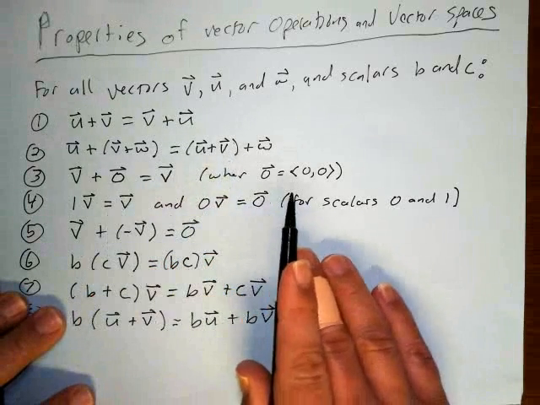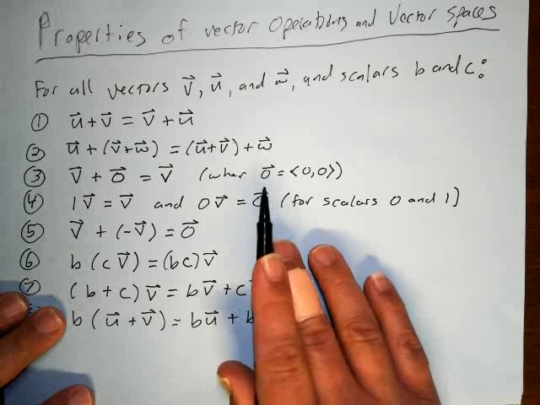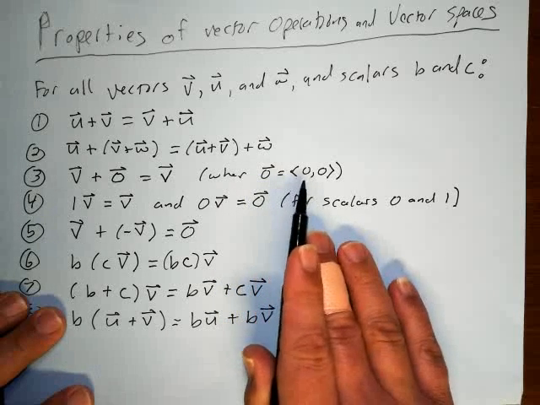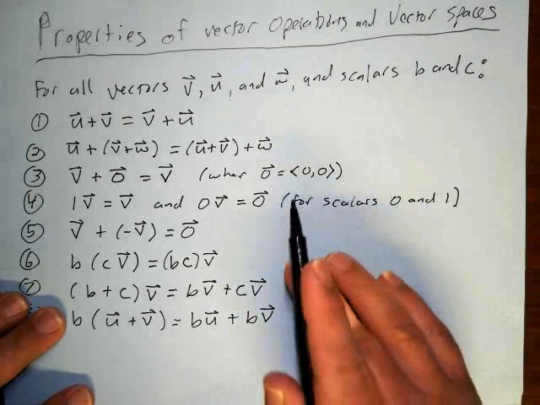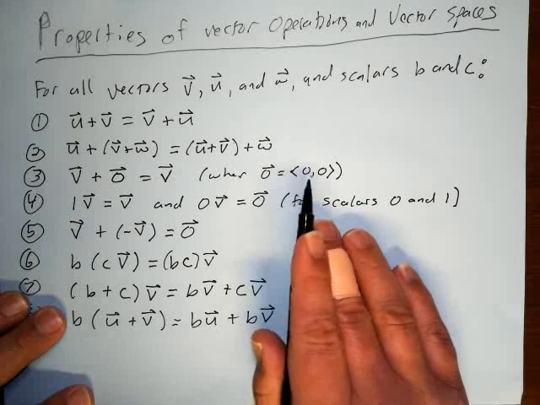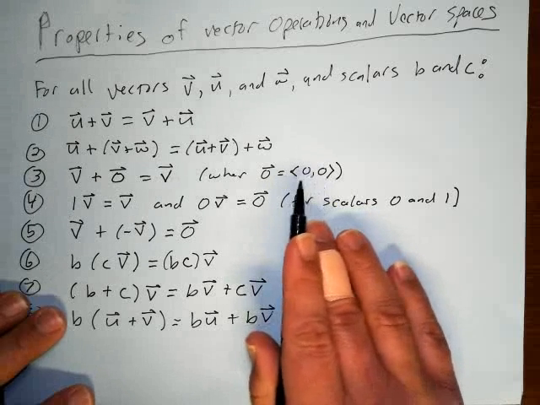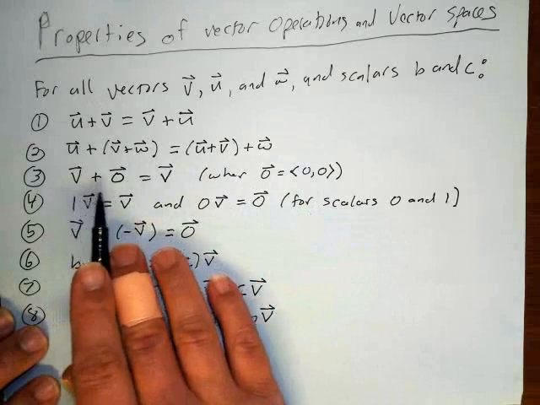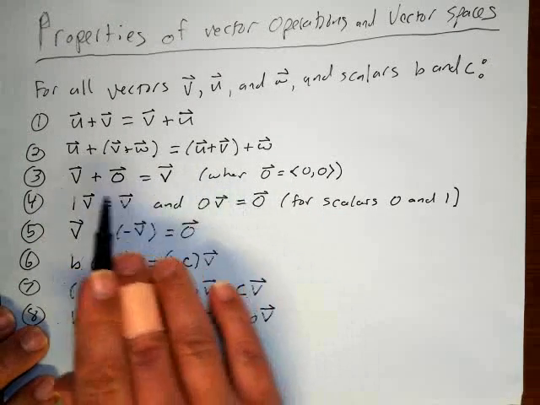Also, there's a zero vector, and we're going to let that be 0 with the vector over it. For the type of vectors we're using, it's just 0, 0. Basically what this is saying is that 0 is an additive identity.